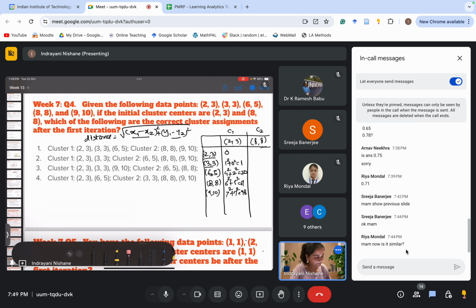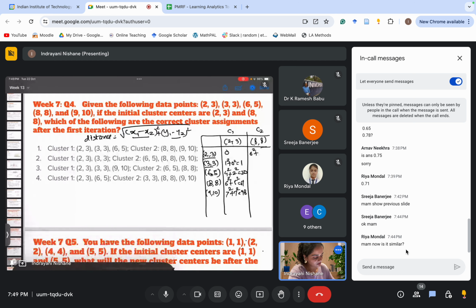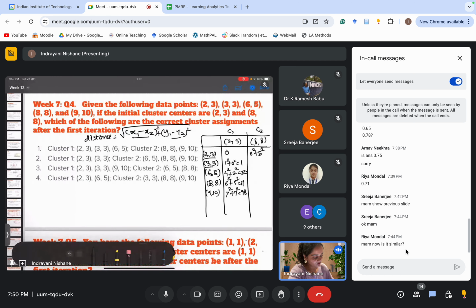Yeah. So now similarly what we will do is here 2 minus 8 is 6, 5 square, then 5 square plus 5 square, then 6, 2 square plus 3 square.